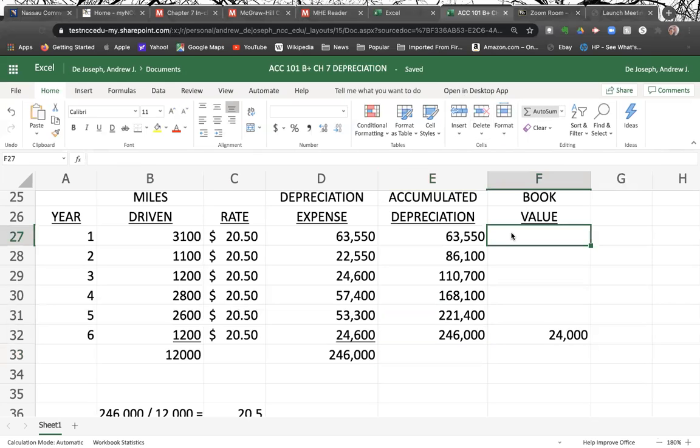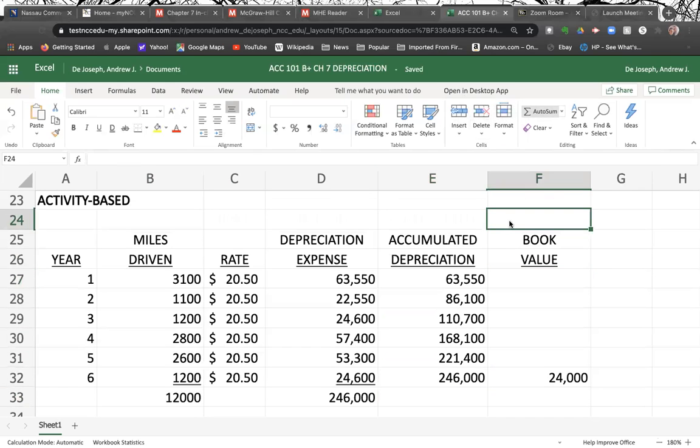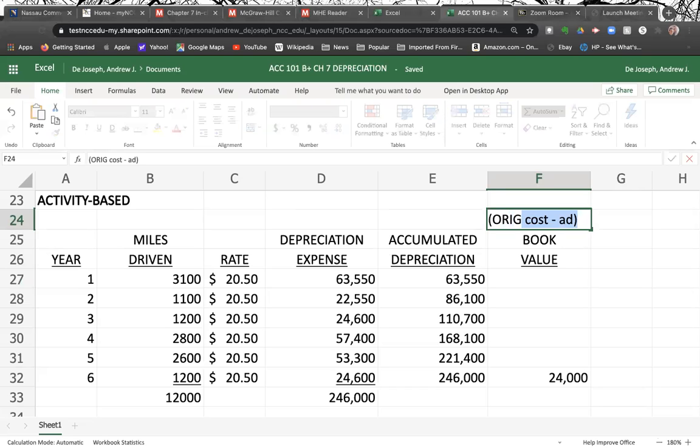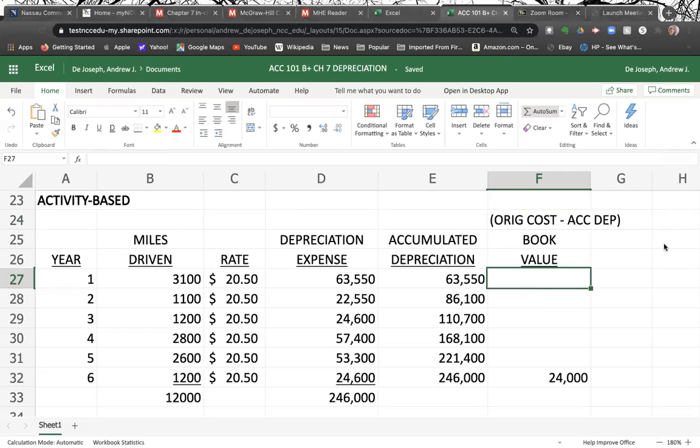Now, what's the book value? Remember the book value, again, it's the original cost minus accumulated depreciation, right? The original cost minus accumulated depreciation.